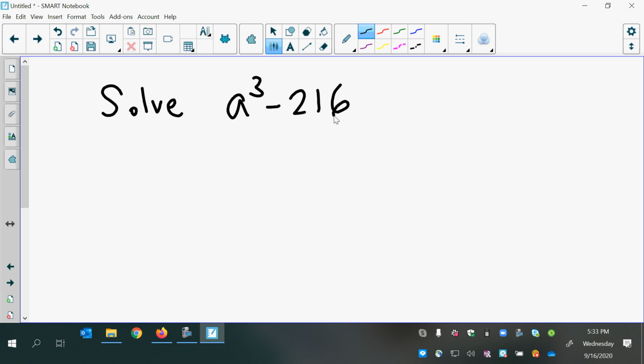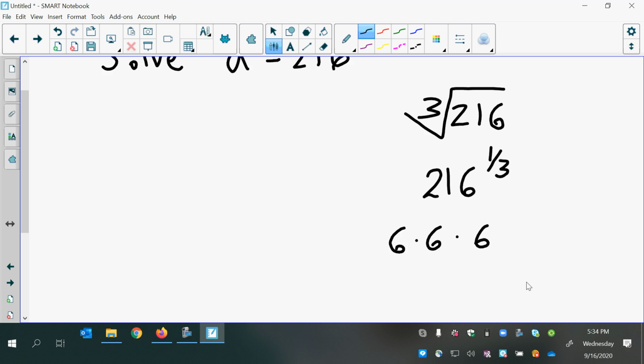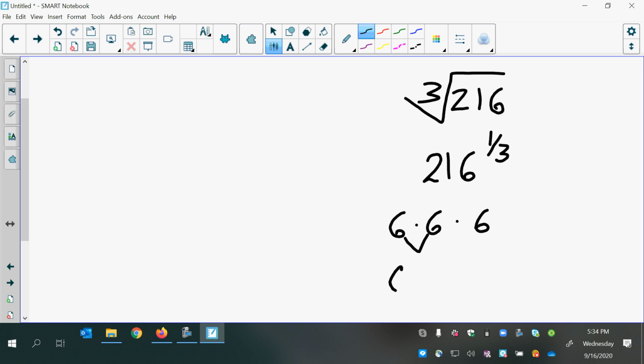You might have a way of putting in a cube index for a root, or you can even do 216 to the power of 1/3. Either way. So when you do that, I'm doing it now, you'll get 6. So notice that 6 times 6 times 6, that's 6 times 6 gives you 36, and then times another 6, that gives you 216.